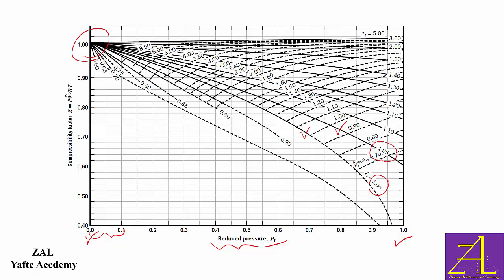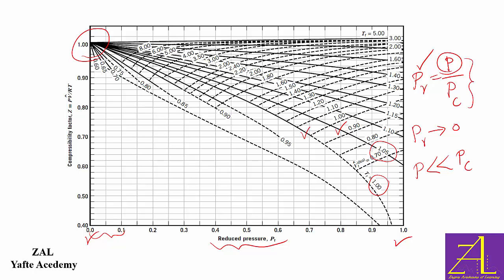If we look at the PR relation, PR equals P over PC, PR becomes very low and approaches 0 when the value of P becomes very small, much less than PC, so that this fraction approaches 0.